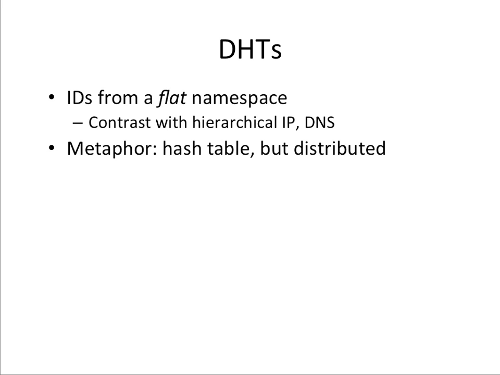And these are distributed. It's like a hash table. You give it a key, it tells you which machine to go to. So it sounds sort of like a hash table, but it's distributed. And these are the two functions in a DHT API, very, very similar to a regular hash table. You have a get and a put.